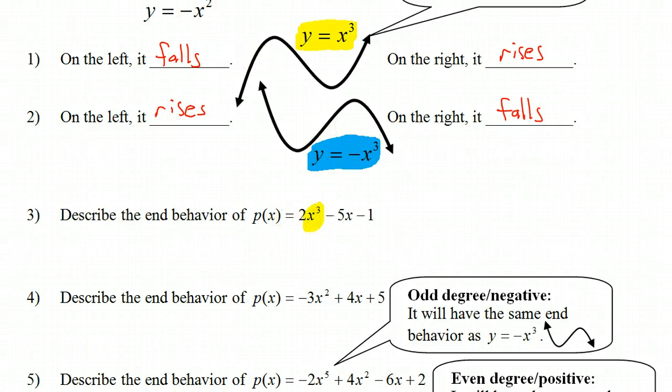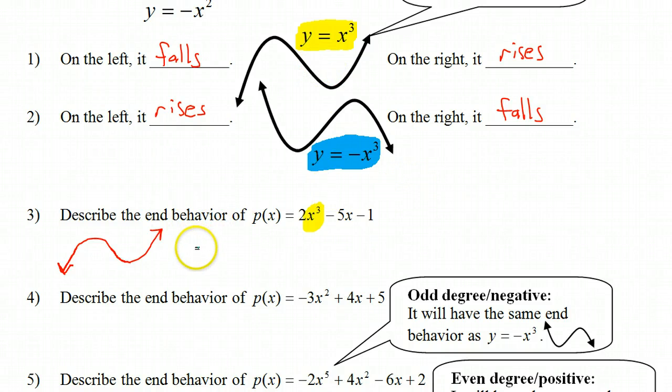So without knowing the exact graph, I know that the end behavior is going to work like this. It's going to have the same end behavior as all positive cubic functions. So it'll have the same end behavior as the one we did, same as problem number 1.